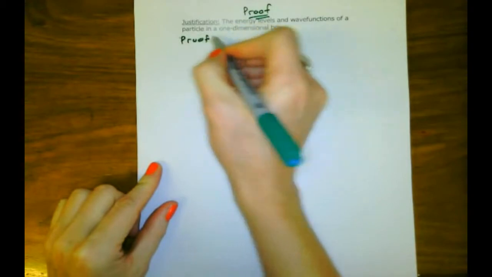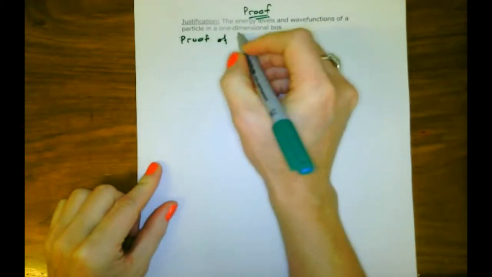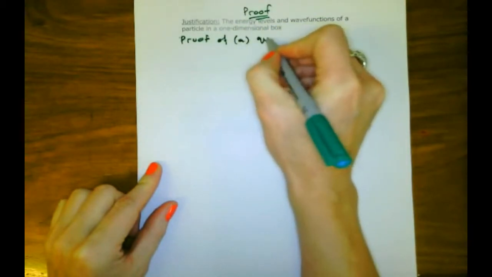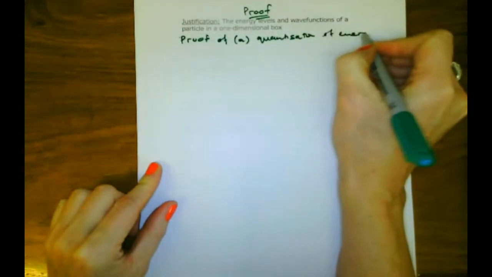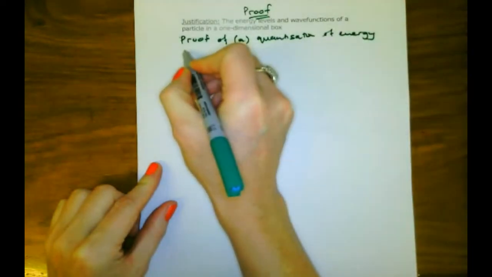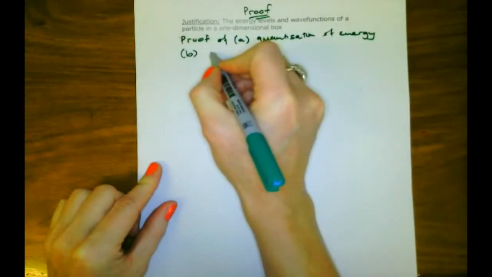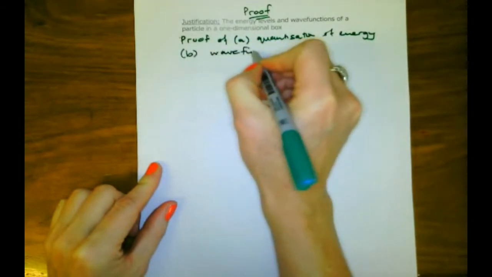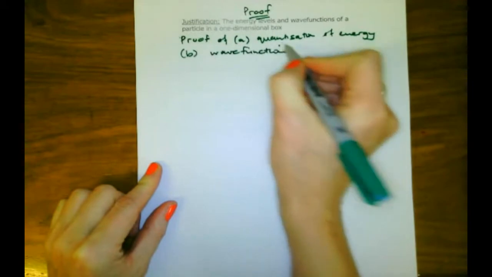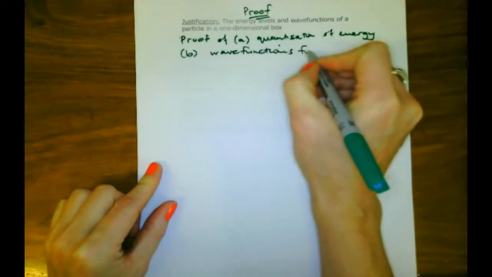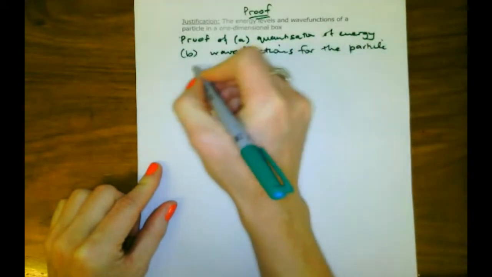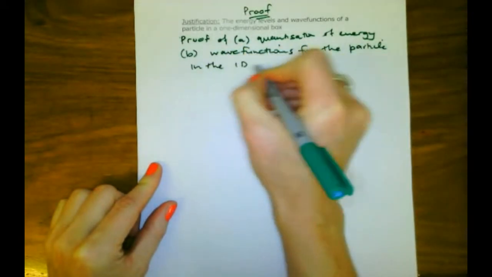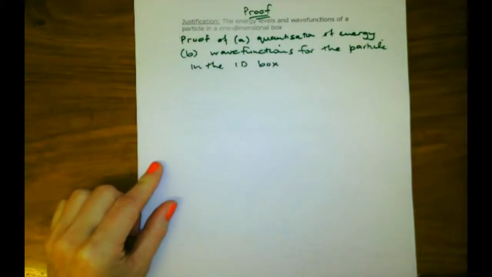Okay, so what we're going to do, we're going to prove firstly the quantization of energy, and then secondly derive the wave functions for the particle in the 1D box system.